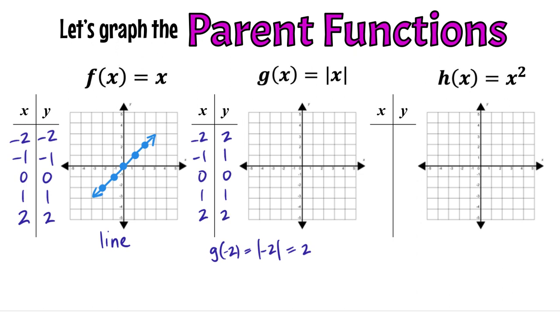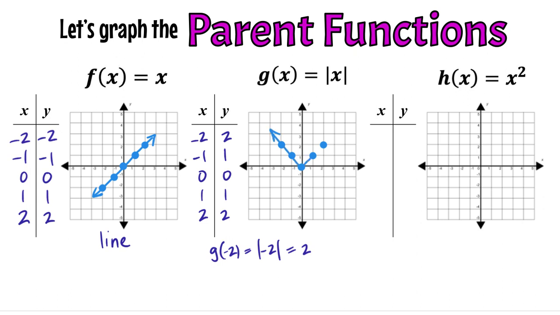So let's go ahead and plot these on the graph. So we have the point -2, positive 2. And we have the point -1, positive 1. And we have the point 0, 0 at the origin. And the point 1, 1. And the point 2, 2. And we're going to go ahead and connect our points.